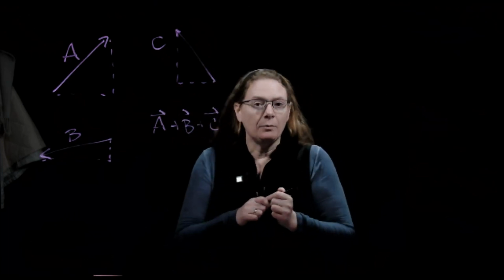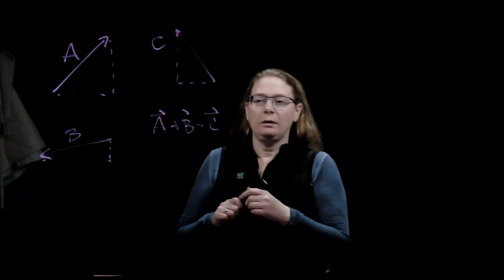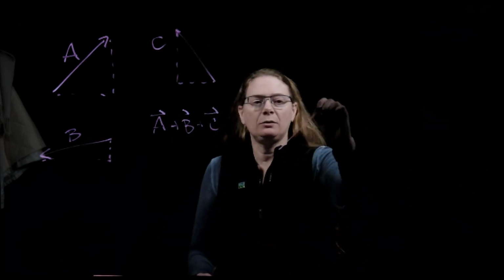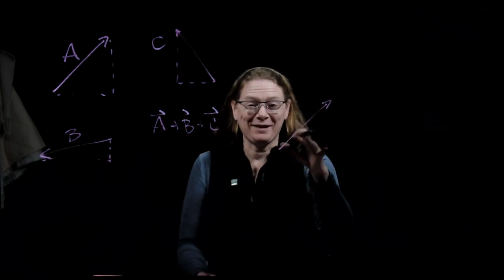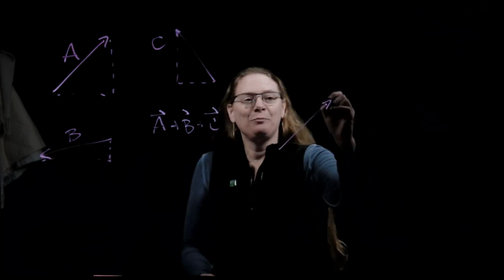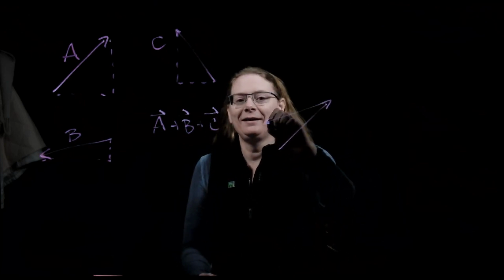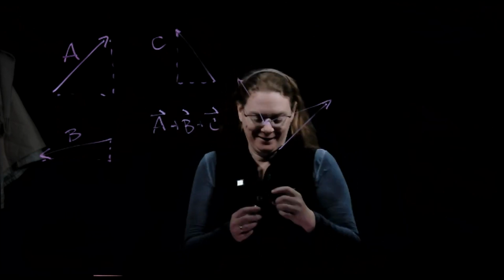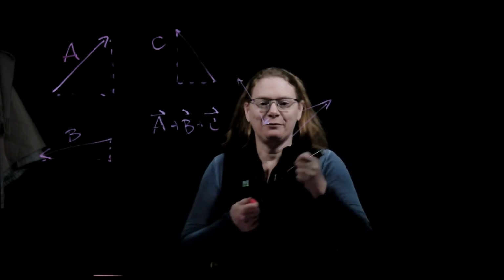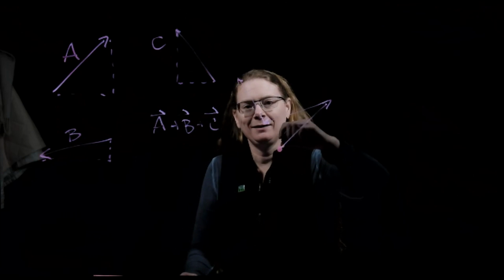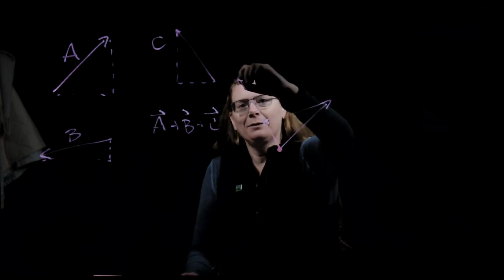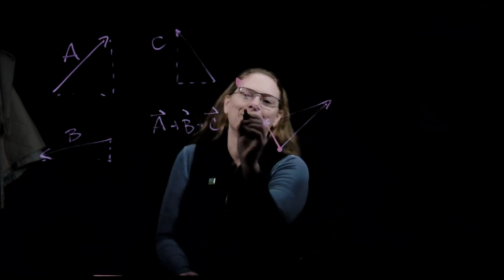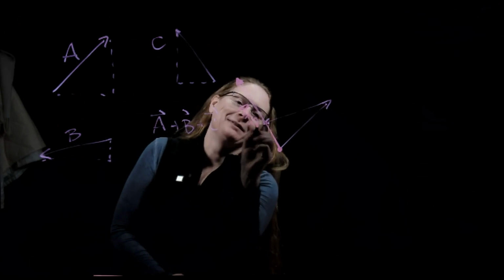You can add them graphically, where you use the tip to tail method. So you do A, but you do it much more precisely than this. And then B, and then C, and then the final vector would be something like this. So the vector A plus B plus C would be like that.